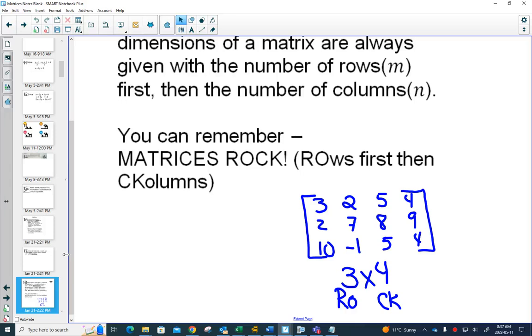You can think about columns on a building that go up and down to help you remember that a column goes up and down. And if you remember matrices rock, you say, well, how many rows are there? How many columns are there? And we call the 3 by 4 either the dimensions or the order.